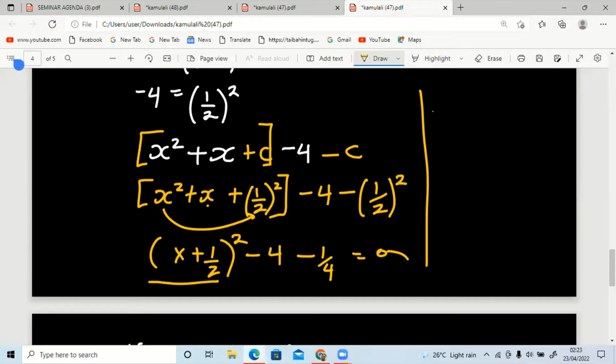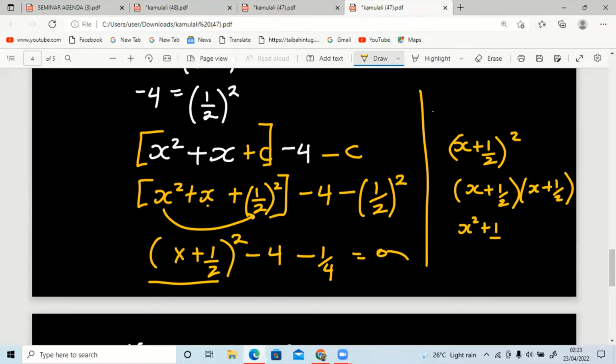When you expand x plus a half squared, this is the same as x plus 1 out of 2, x plus 1 out of 2. When you multiply, you have x squared plus a half x plus a half x, then plus a quarter. A half x plus a half x is x. So I get x squared plus x plus a quarter. So it is coming out. But now I'm just showing you the easiest way to work it out.